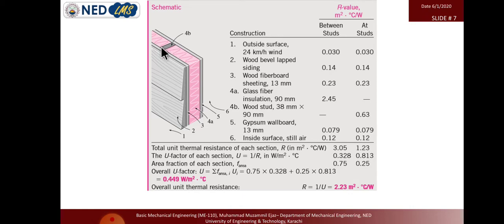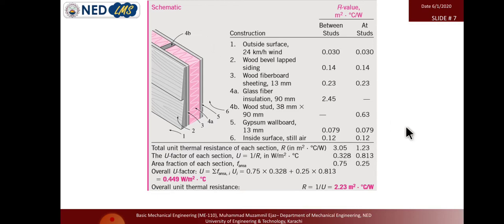One is between the glass fiber, and one is between the studs. So we take no value in the wood stud portion, but the value of wood stud heat transfer due to the conduction. Again, the gypsum wallboard is common for both, and the inside surface air is still.